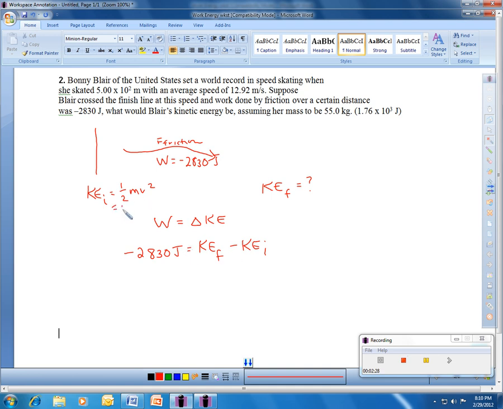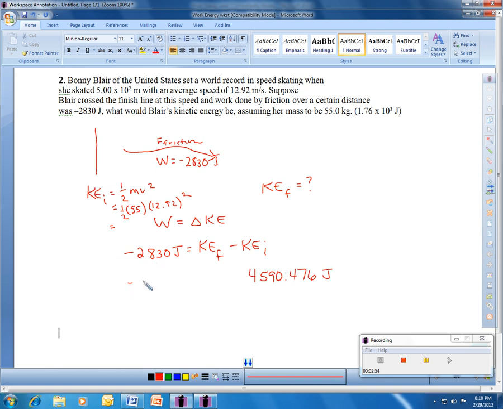So I have 1/2, her mass is 55, her velocity is 12.92. When I calculate that, her initial kinetic energy is 4,590.476 joules. This is not my final answer, so I do not want to round it.